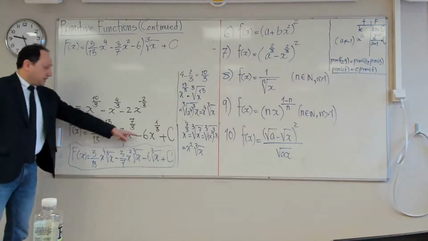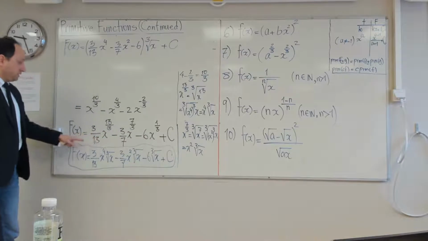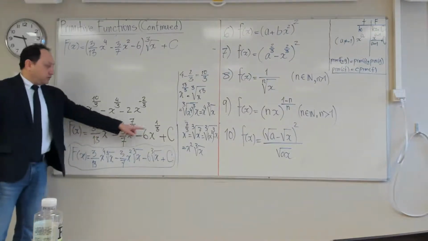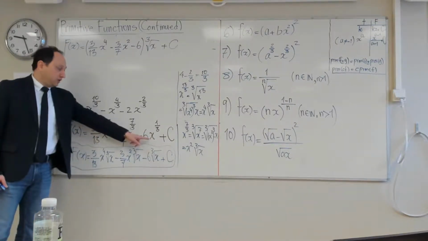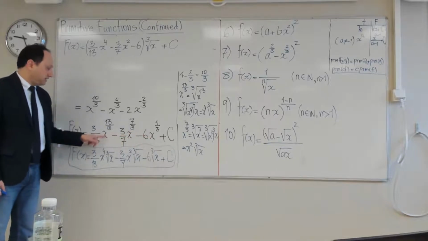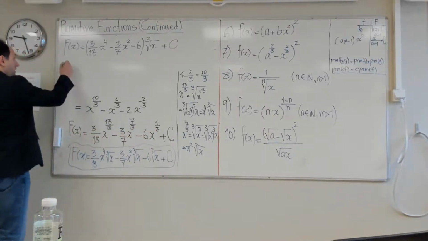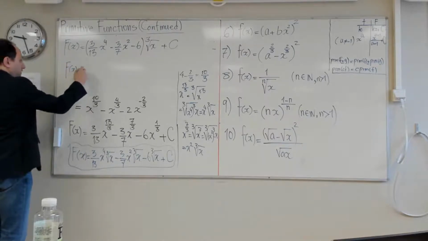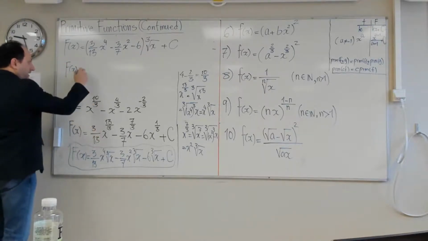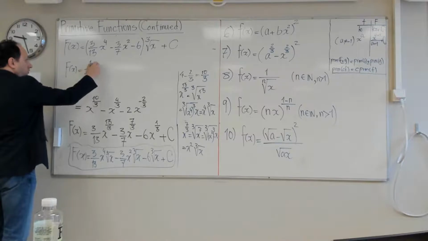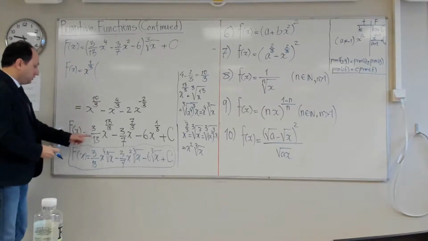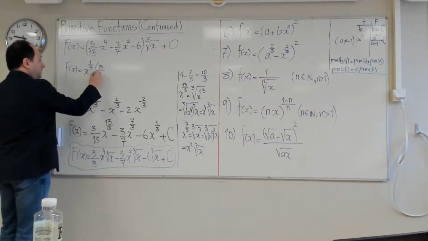Another way is I wanted to teach you another way to do this simplification. If you are good at working with fractions, it shouldn't be hard for you to see that you can factor x to the 1/3 out from here. So I write that f of x is equal to, I factor x to the power of 1 over 3 out, and 3 over 13 is left from here.